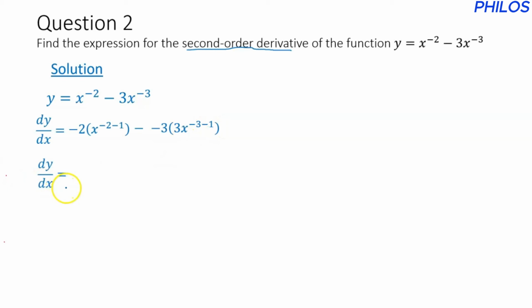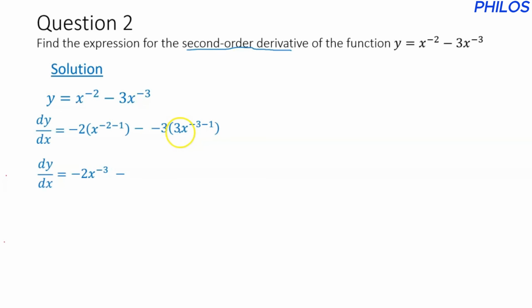So dy dx will be equal to, now negative 2 minus 1 should give you negative 3, isn't it? So you have x exponent negative 3 in the bracket, and negative 2 times x exponent negative 3 should give you negative 2x exponent negative 3. This negative can multiply this negative to become positive, okay? Or let's just say minus. Now here you have negative 3 minus 1, it gives you negative 4, isn't it?